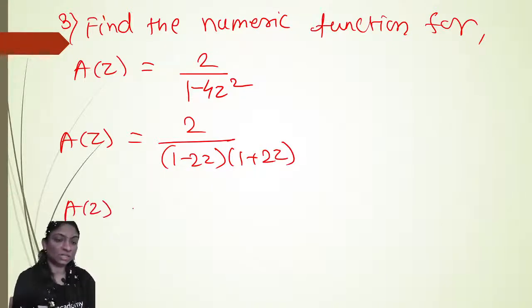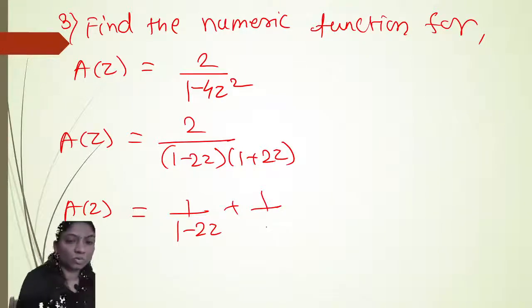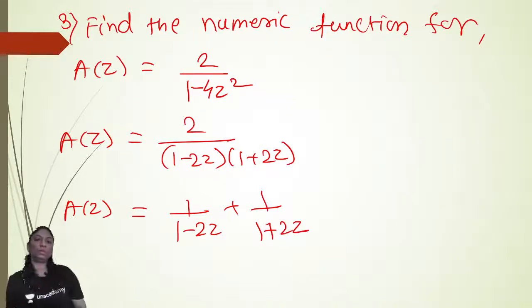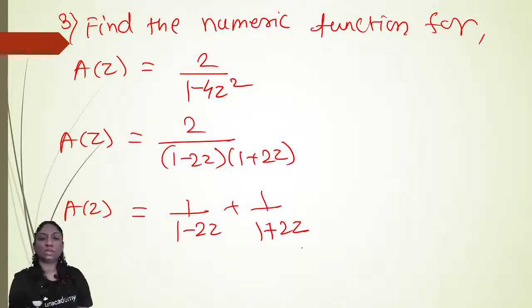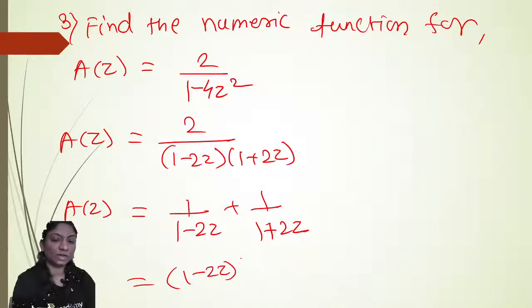That A of z is equal to 1 upon 1 minus 2z plus 1 upon 1 plus 2z. Nothing but 1 minus 2z bracket raised to minus 1 plus 1 plus 2z bracket raised to minus 1. As it is plus, all signs are positive.